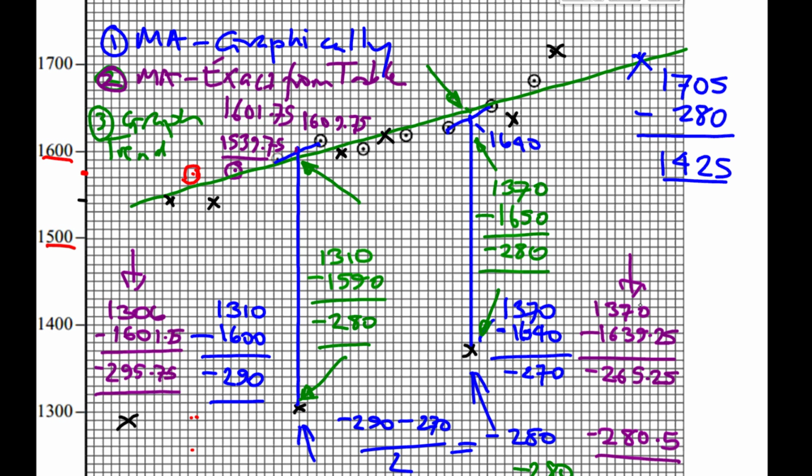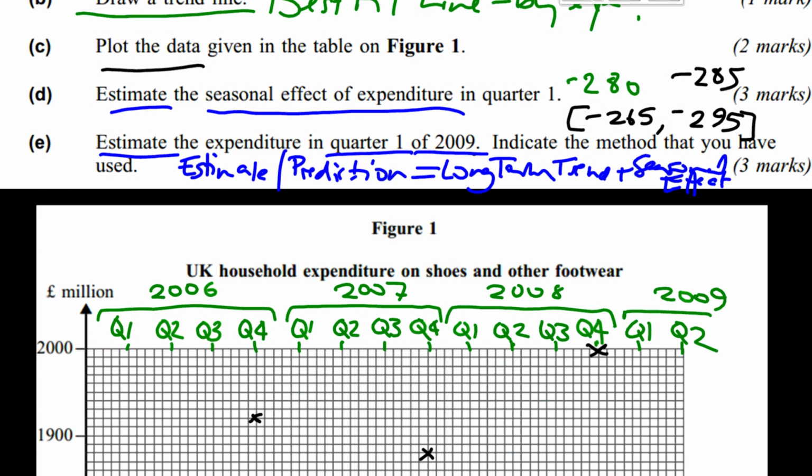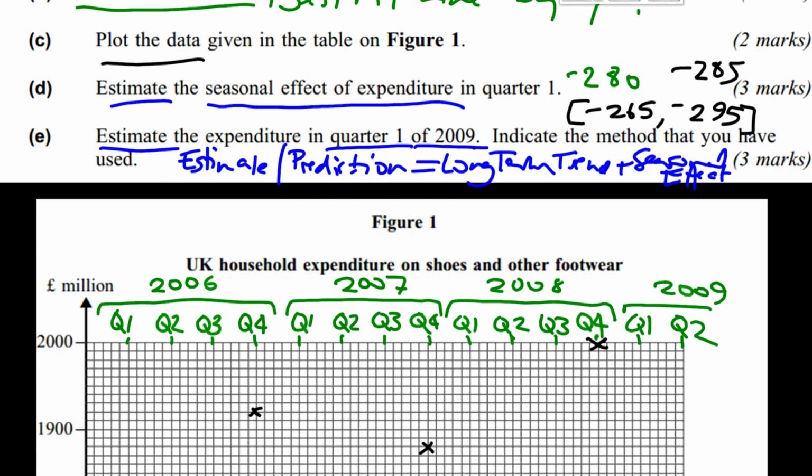It's going to be roughly there, isn't it? So that's what we would predict will bring us to a point there at 1425. Using that, we get a result of 1425, and we get 3 marks for that.